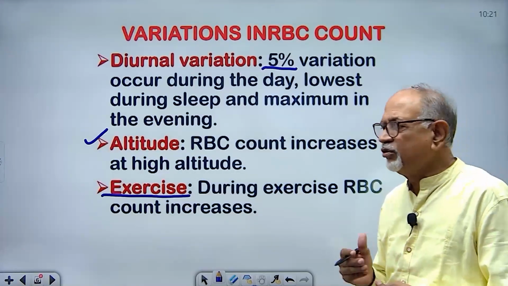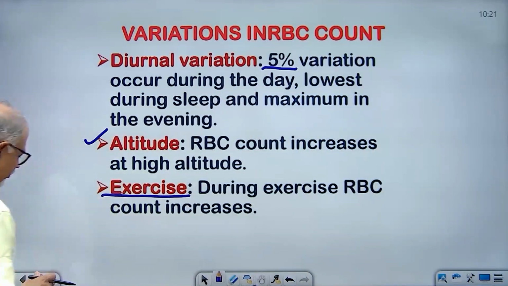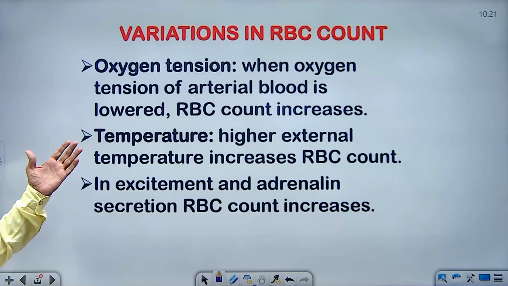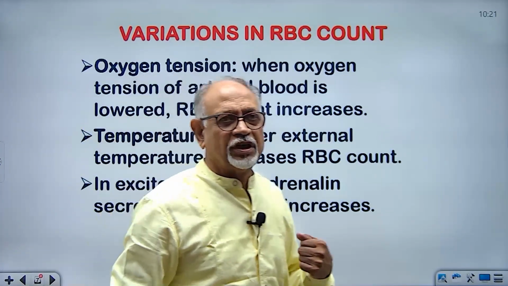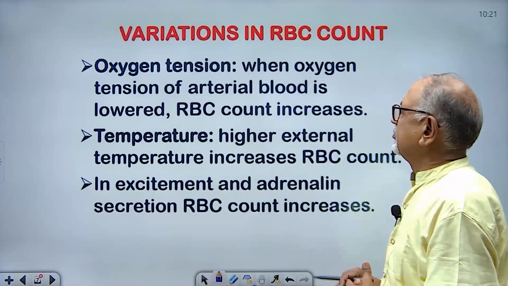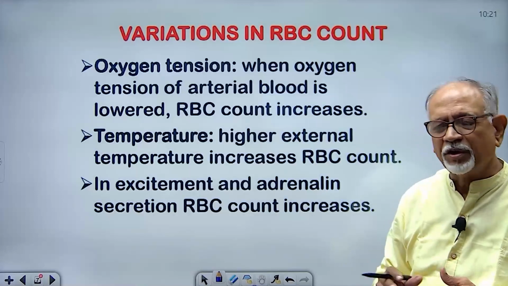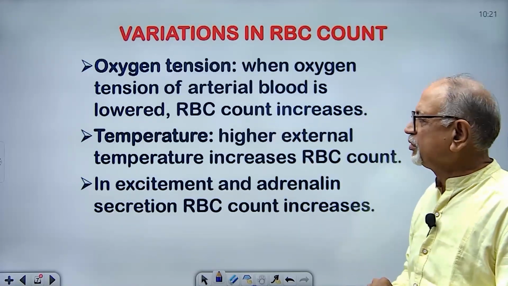And therefore, during exercise, the number of RBC increases temporarily. Now, another factor for increase in the RBC count is the oxygen tension. When oxygen tension of arterial blood is lowered, then RBC count increases.